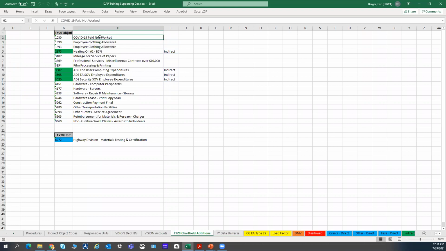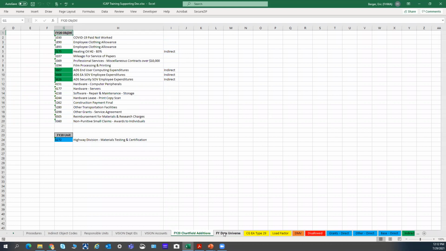There's COVID-19, paid not worked, things of that nature, and here are your FY20 object details. So they had to include, and we'll see some of these over in the direct pools and also in the indirect pools, some additional things they had to add for the future.